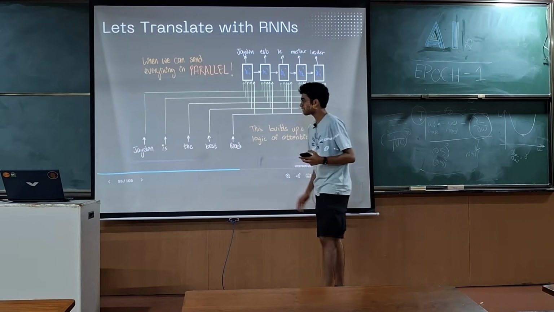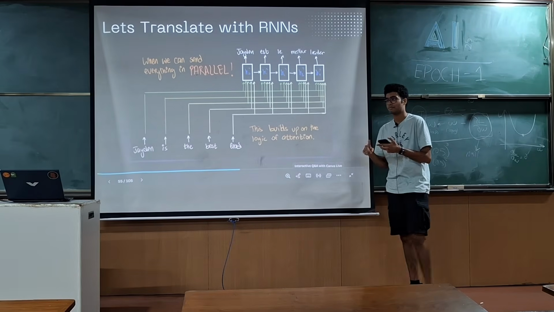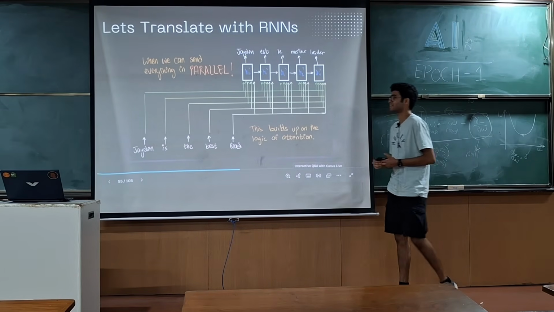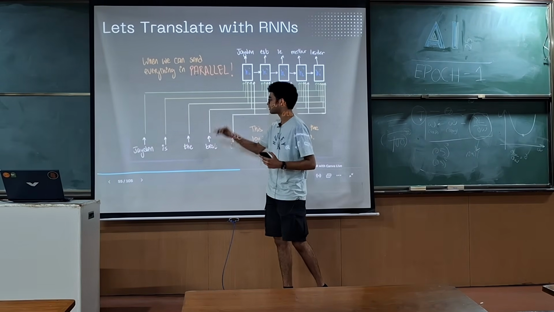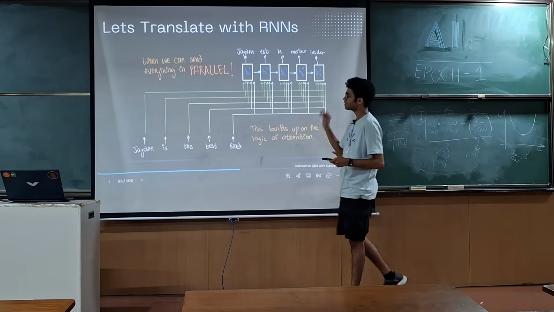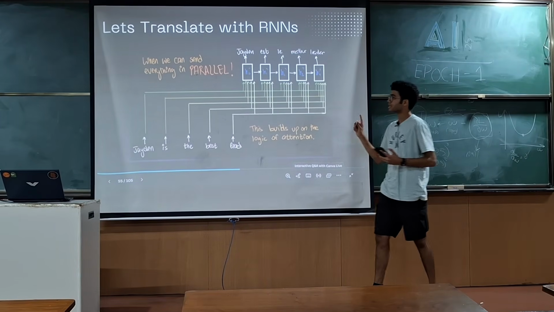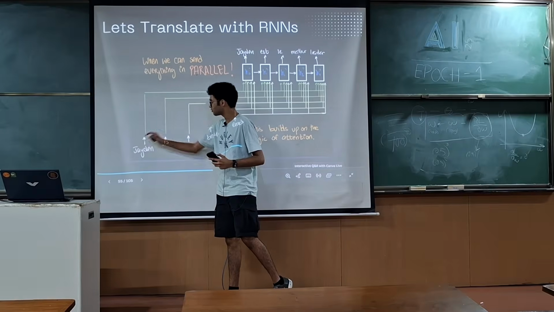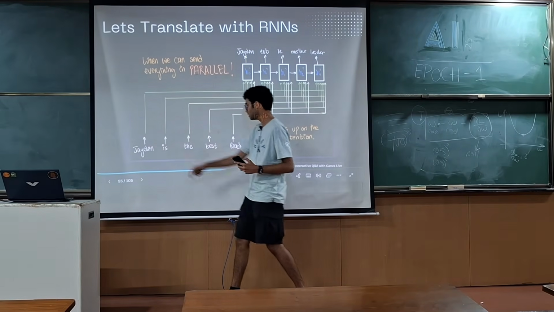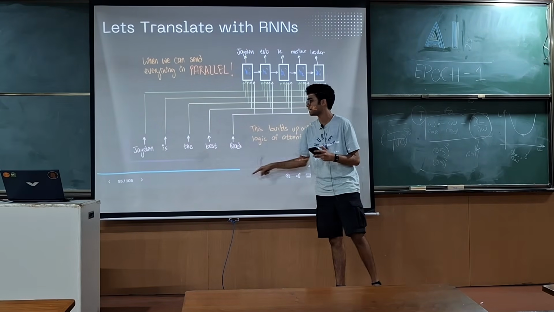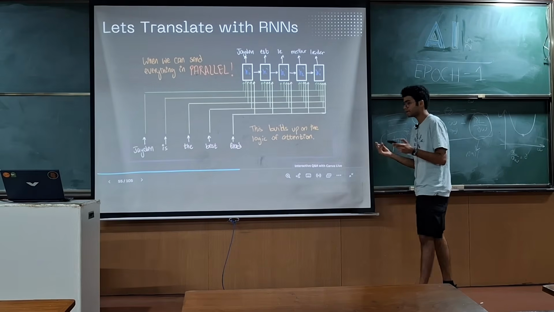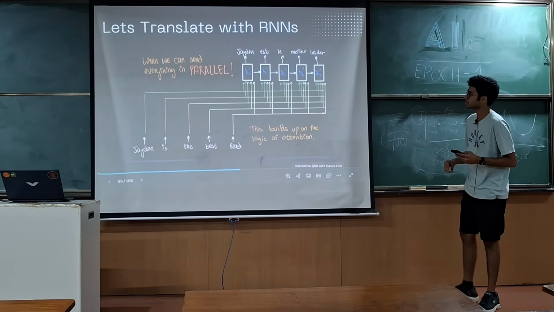So if we send everything in parallel, we are making NVIDIA happy, and we're also saving so much time by sending everything together. And also, this information doesn't get distilled, and this doesn't have an absurdly high weightage. And that brings up the logic of attention.